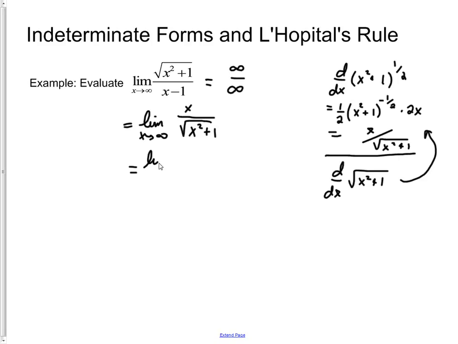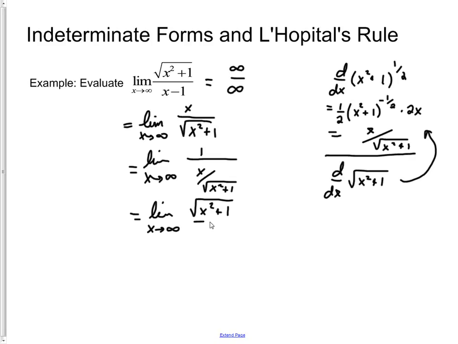So we're taking the limit as x approaches infinity of 1 divided by x over the square root of x squared plus 1, just like before, only this time we've flipped the fraction around. One suspects that something's up, because both of these are just going to go back and forth over and over again. Does that mean L'Hopital's rule doesn't work?